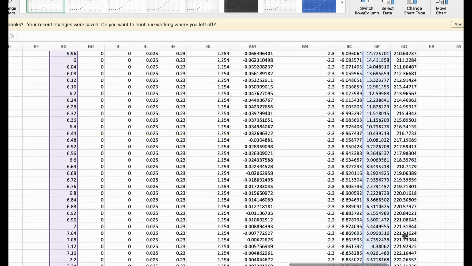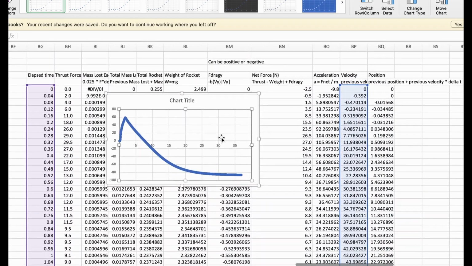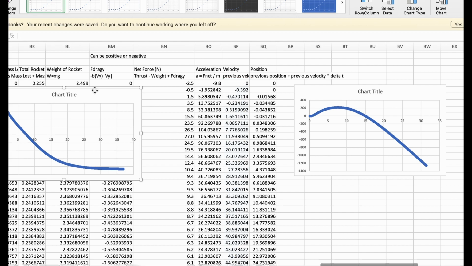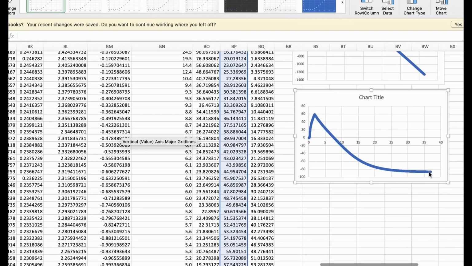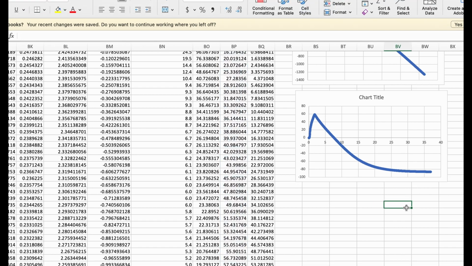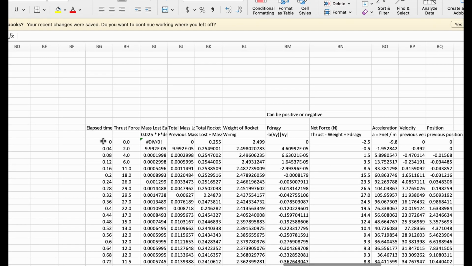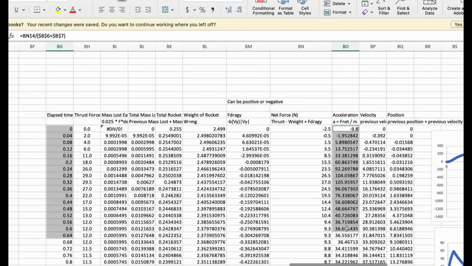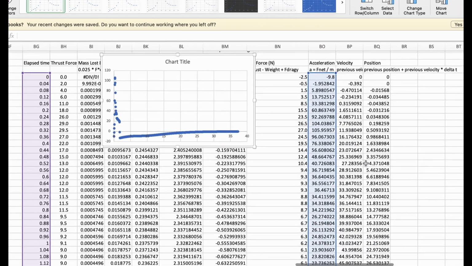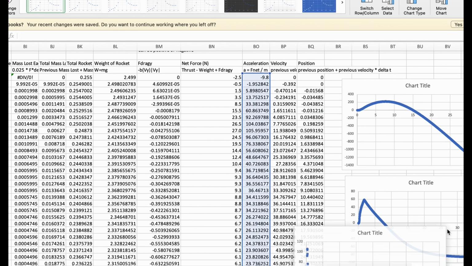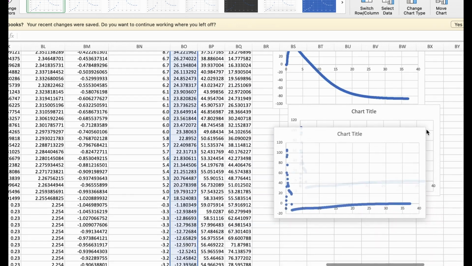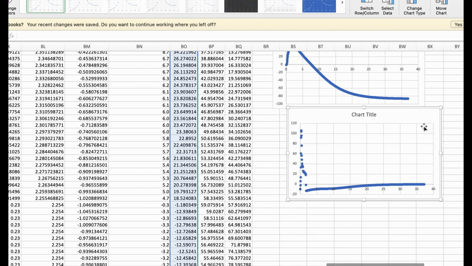The velocity goes to just a horizontal over time. So that's the terminal velocity there, negative 86 or so. And finally, one more. Acceleration should go to 0 over time. There we go. Perfect view of terminal velocity being reached.